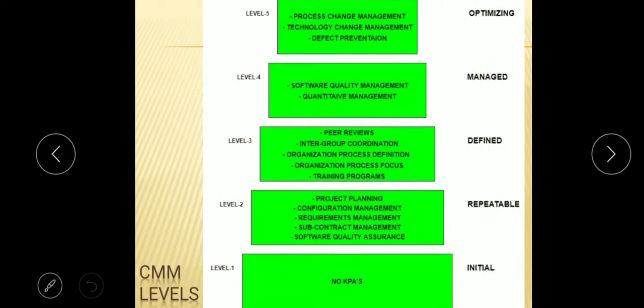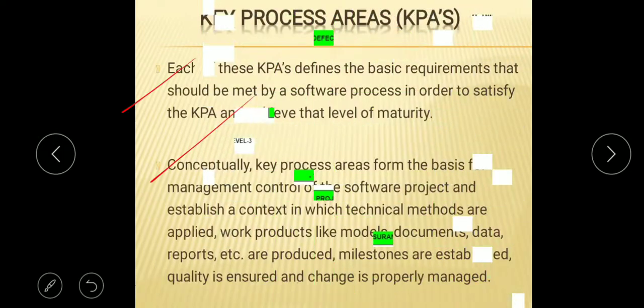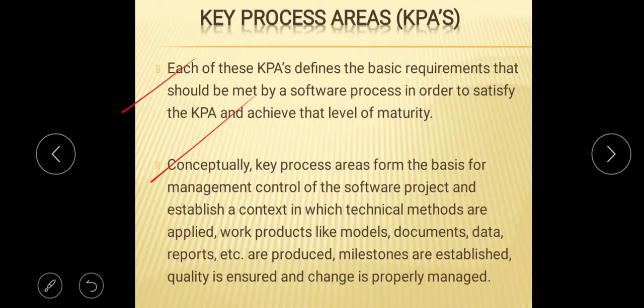Okay, now coming to the levels of the Capability Maturity Model, or CMM, we can see there are 5 levels. At level 1, there are no KPAs, or key process areas, which we have discussed in this slide.